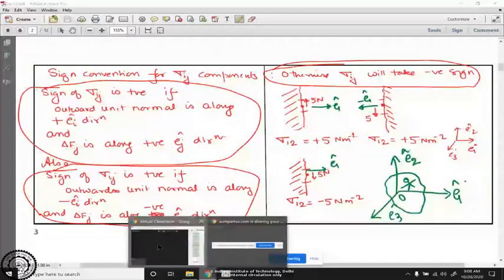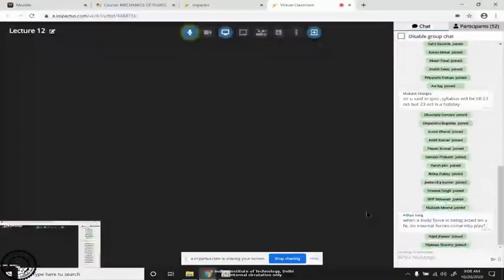When the body force is being acted on a FE, do internal forces come into play? What do you mean by internal forces come into play? I mean, we are trying to identify all external forces acting on fluid element. So that's what we are identifying, because very soon we are going to apply Newton's second law. So we need only external forces. Internal forces may be non-zero.